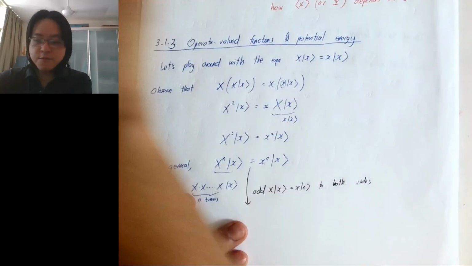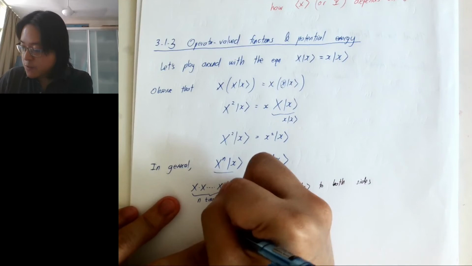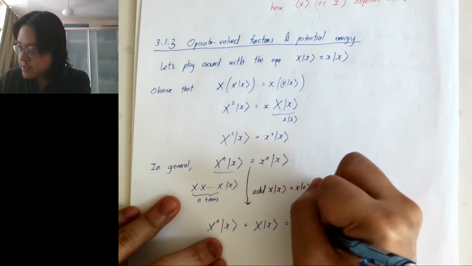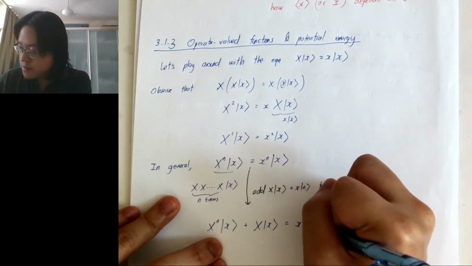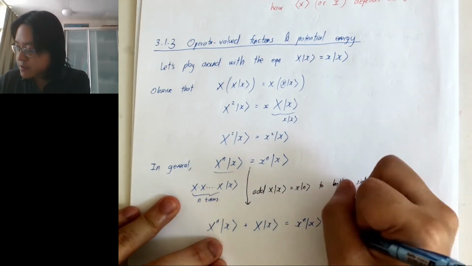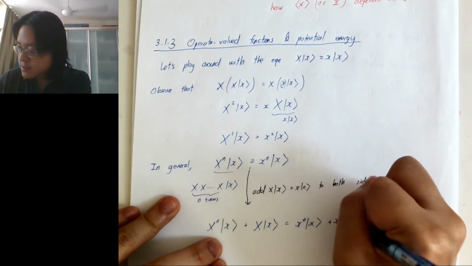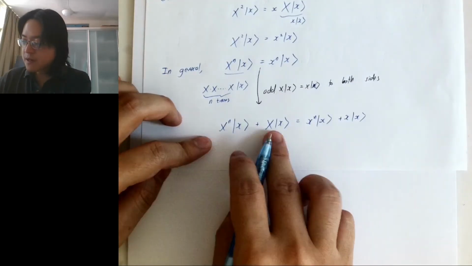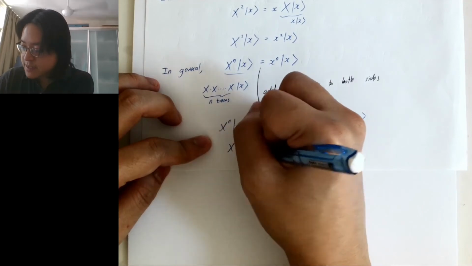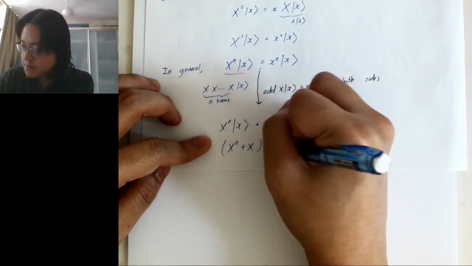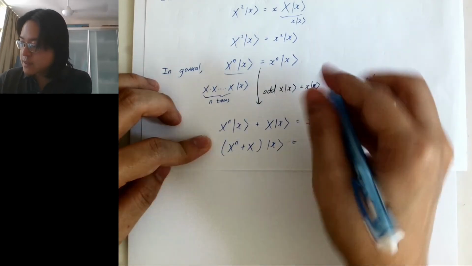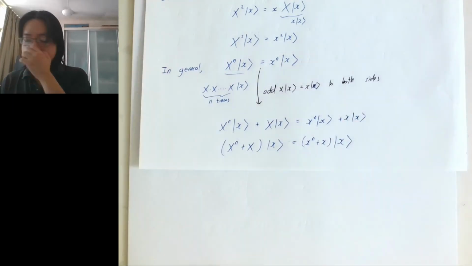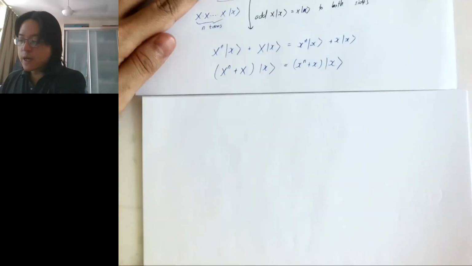What we have here is X to the power n on the left, and on the right-hand side x to the power n, and I will add the same to the right-hand side. We realize that operators are linear, so I can factorize this, and I can factorize this one like this. I can also add 1 to both sides.